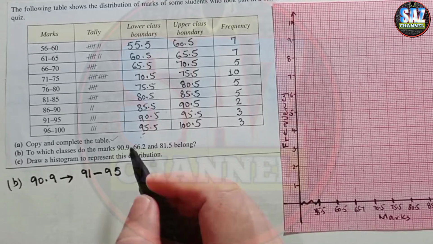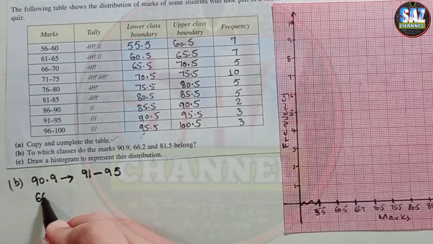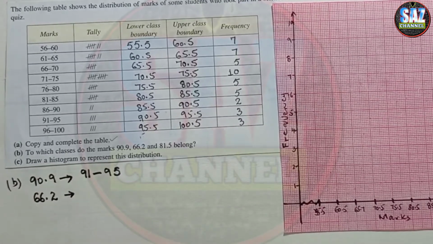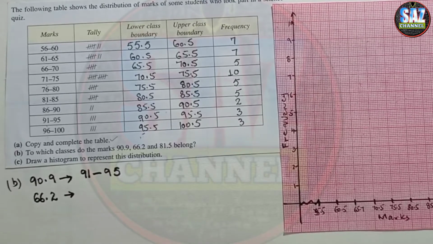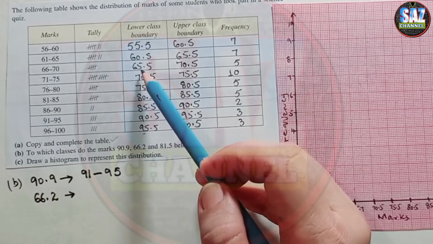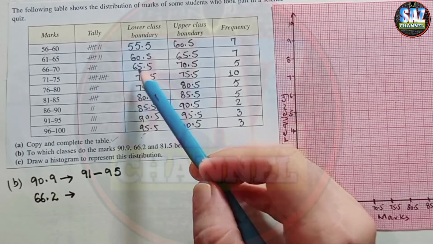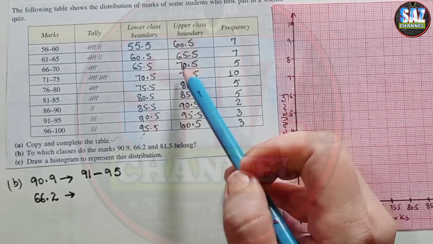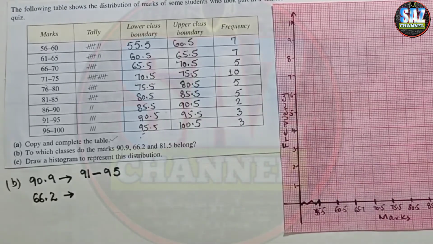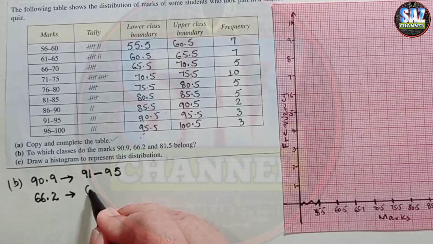So the class for this requirement will be 91 to 95. And the second one is 66.2. Now again go back to your frequency table and see 66.2. This is 65.5 and 70.5. So 66.2 will be coming between 66 and 70. So for this requirement, the class will be 66 to 70.